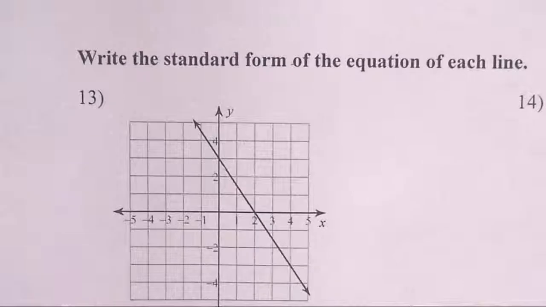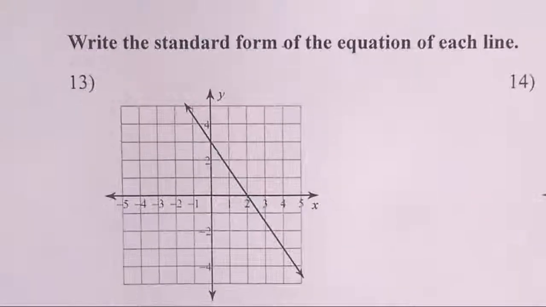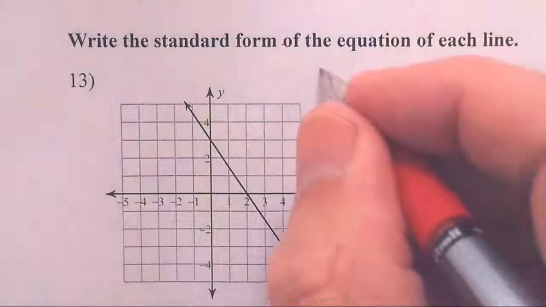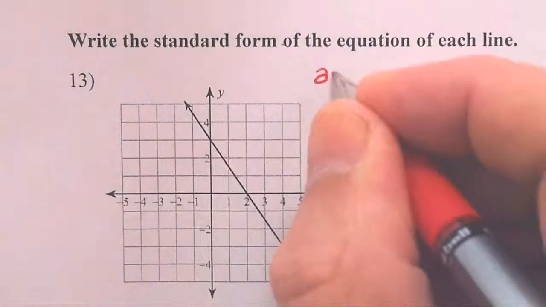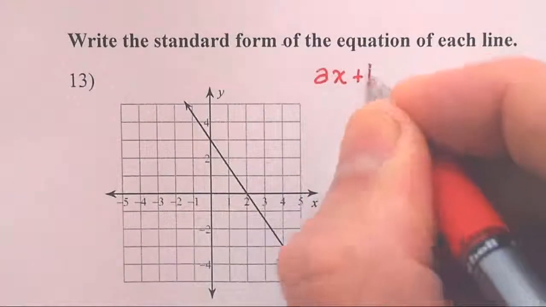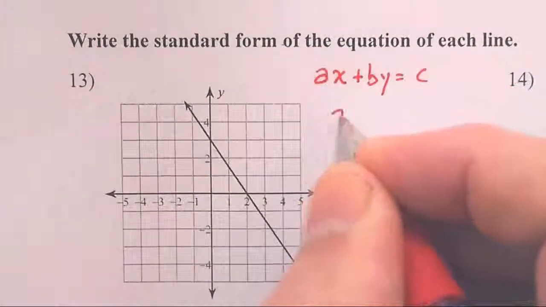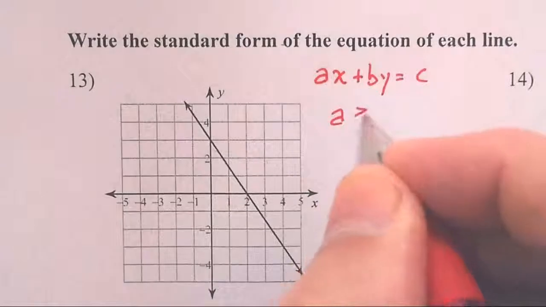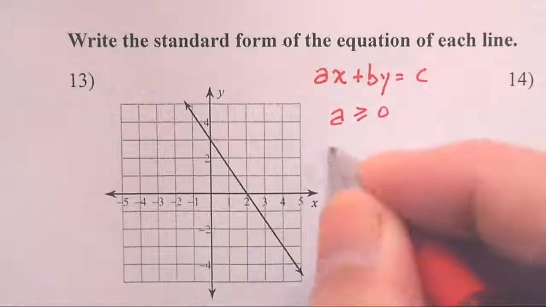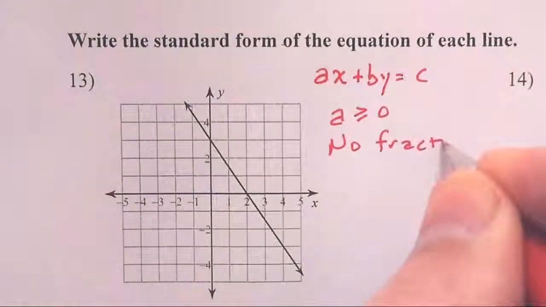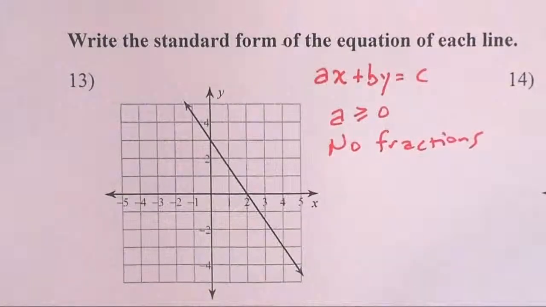Okay, number 13, we shift gears a little bit. Here we want the standard form of the equation of each line. Standard form is defined as ax plus by equals c, where a is greater than or equal to 0, and we have no fractions, if at all possible.